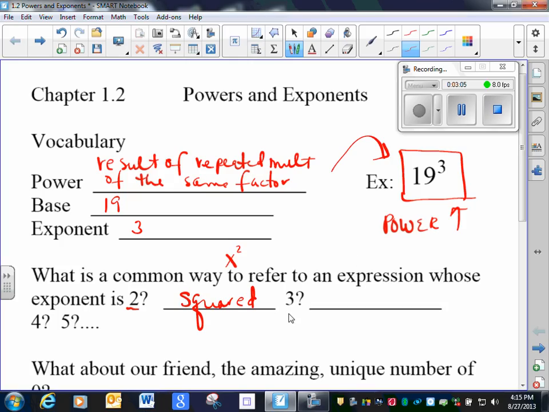And the same way with the exponent of 3, cubed. What about 4? What about 5? Not so much. We just say 19 to the 4th power, 19 to the 5th power, and because we've got double digits, we will probably put parentheses around them there, and on and on.